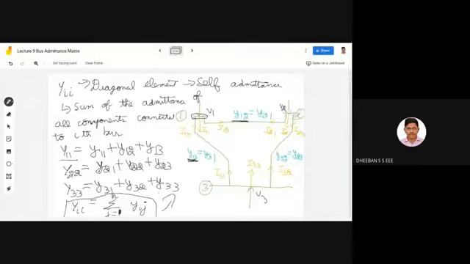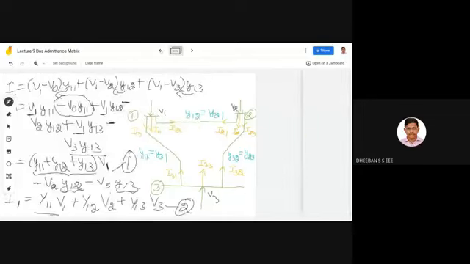Whereas for Y11 it is a summation over all the other buses.